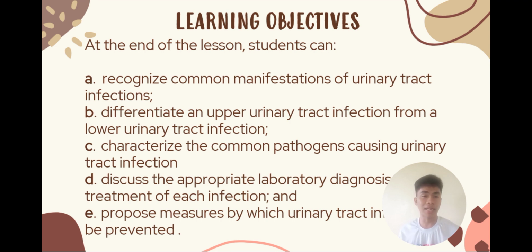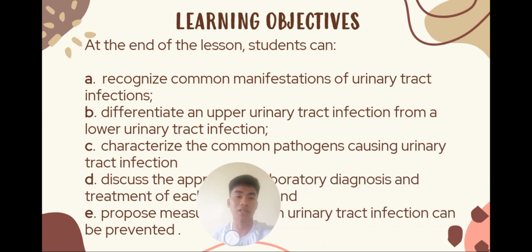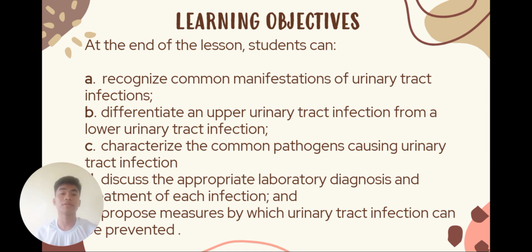C. Characterize the common pathogens causing urinary tract infections. D. Discuss the appropriate laboratory diagnosis and treatment of each infection. And E. Propose measures by which urinary tract infections can be prevented. These are the learning objectives that we are hoping to attain, class.